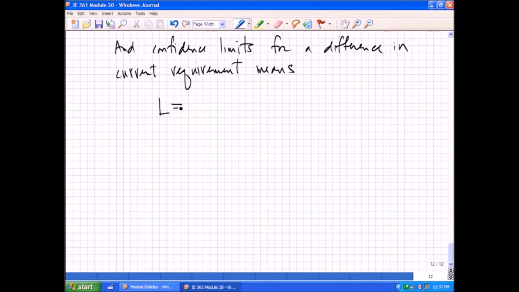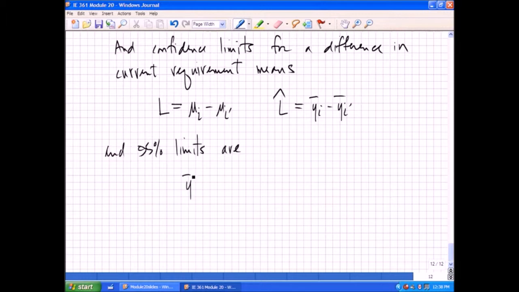So if my L is going to be of the form mu I minus mu I prime, the corresponding L hat is y bar I minus y bar I prime, and my, say, 95% limits will be y bar I minus y bar I prime plus or minus t value times pooled s times the square root of 1 squared over sample size I plus 1 squared over sample size I prime.